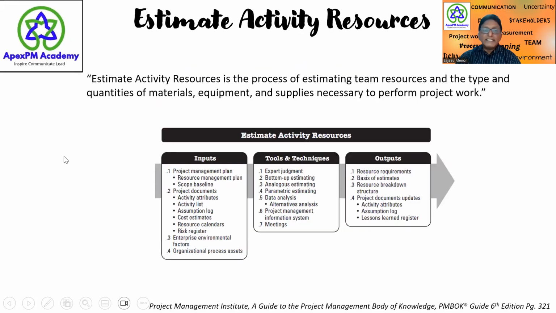This is the estimate activity resources process, where your inputs are the project management plan, resource management plan, and the project documents. The tools used are bottom-up estimating, analogous estimating, parametric estimating, and the project management information system. And the outputs are the resource breakdown structure and updates to the project documents.